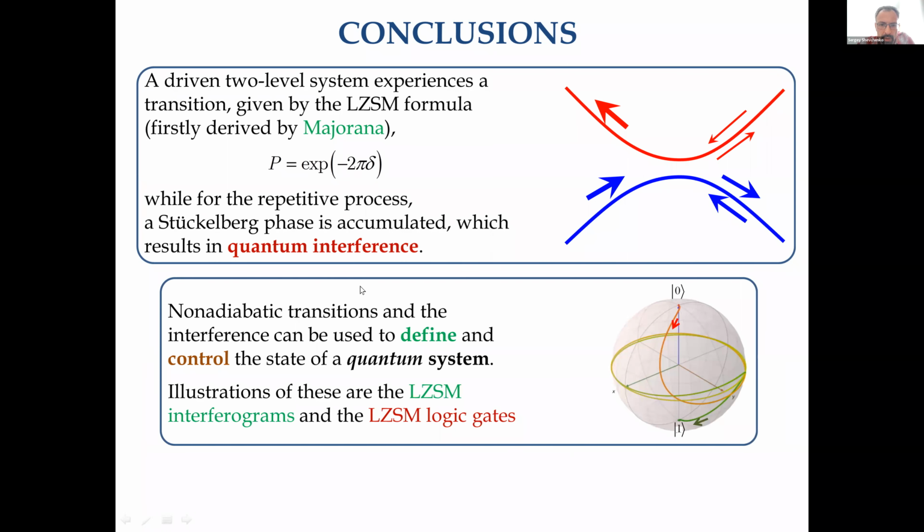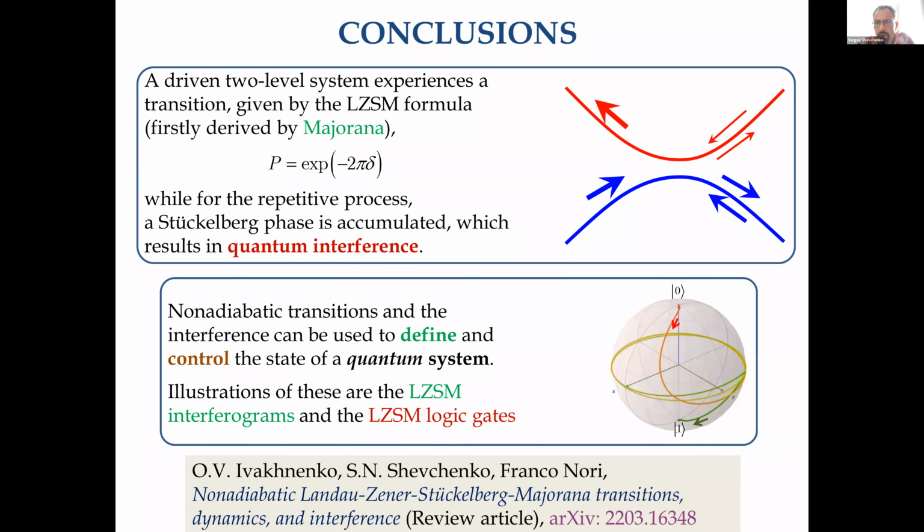The quantum interference in such processes allows us to both control and characterize the state of a quantum system. And I wanted to tell you about the LZSM interferograms and one illustration of quantum control, LZSM logic gates. Thank you for your attention.